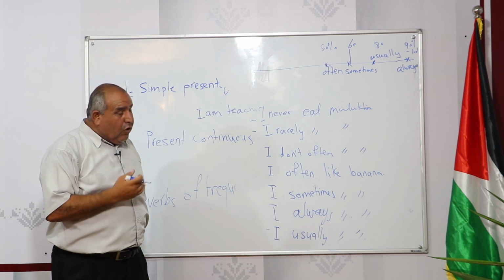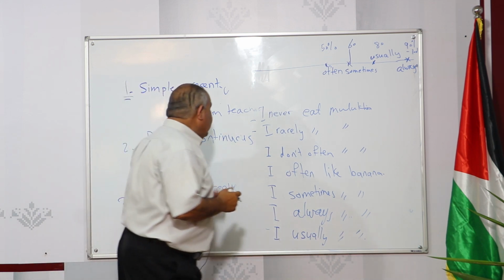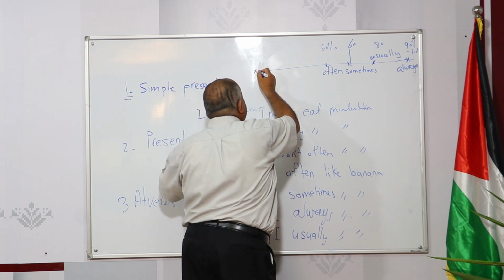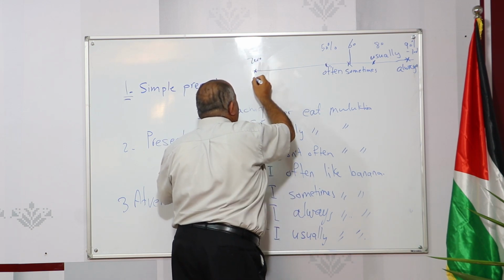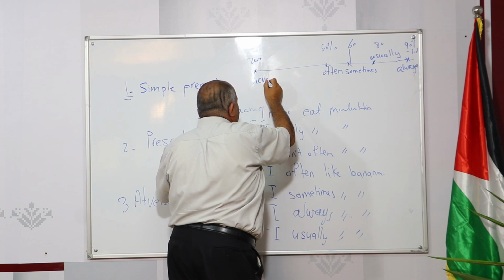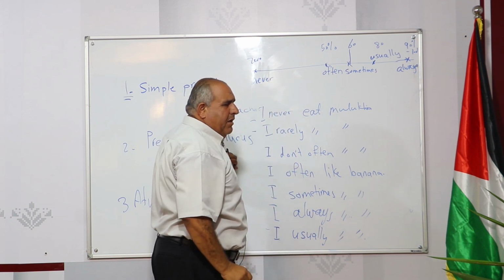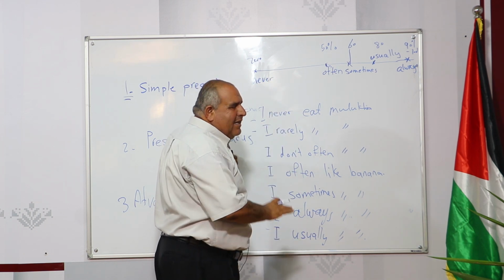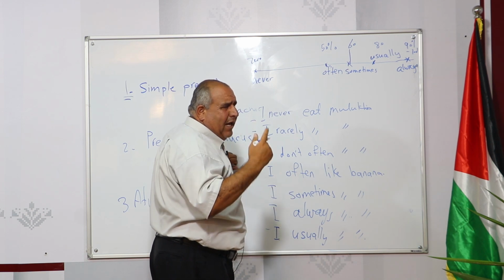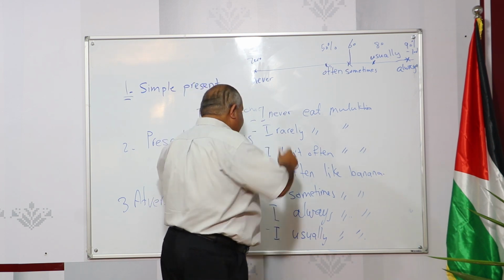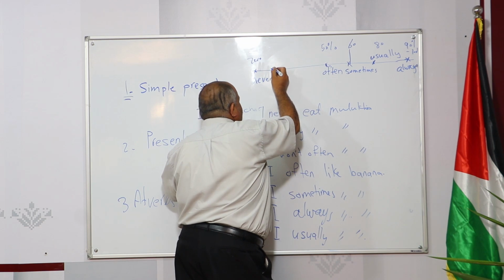If you want to talk about the negative, now we go back. Zero, which does not happen at all, you say never. Now, you say, I have never been to Scotland, which means not even one time in your life did you go there. And then you use rarely.